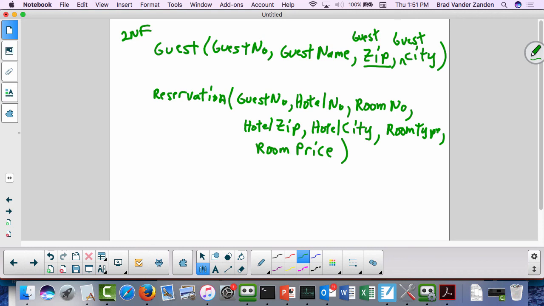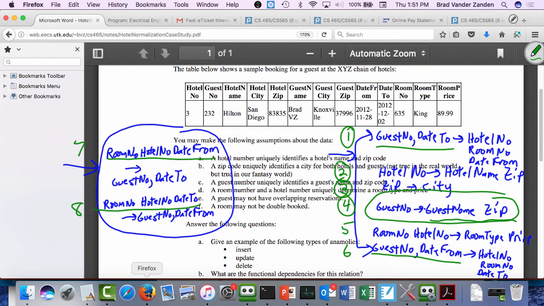Now, to get to third normal form, we go back and look at our dependencies again. First thing to know is not all of the remaining dependencies are transitive dependencies. We have 3 types of dependencies.